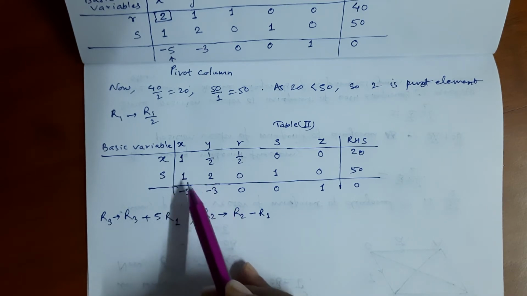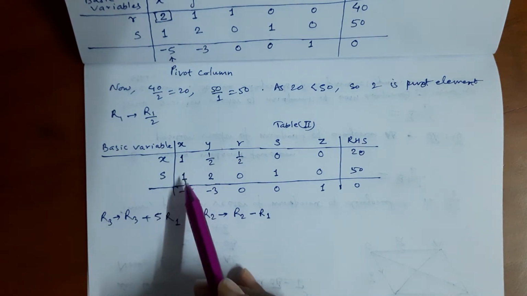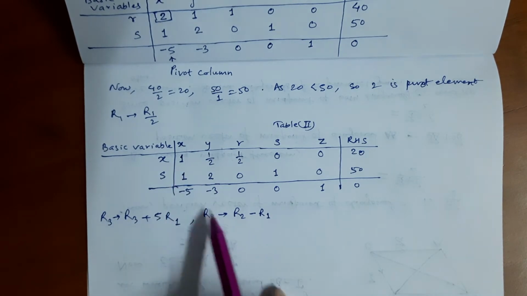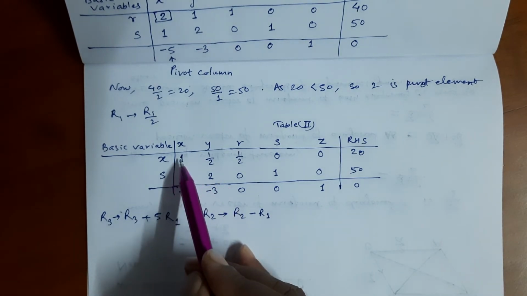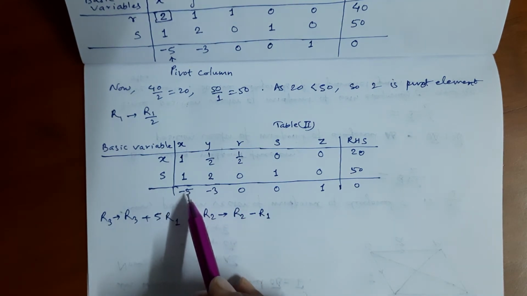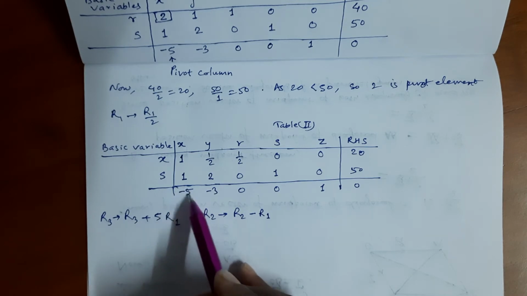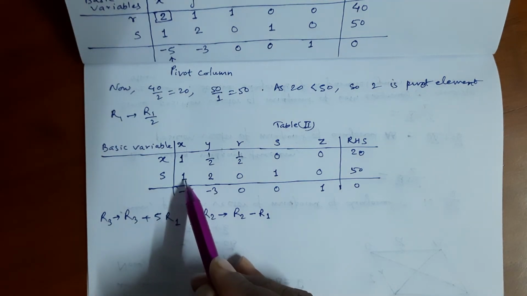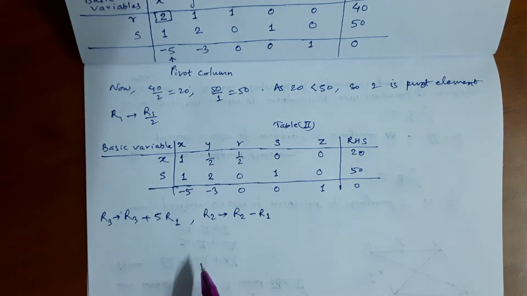So this one must be made 0, and for that from R2 we subtract this R1, and this also we should make it 0. So for that, in R3 we add 5 times of this R1.